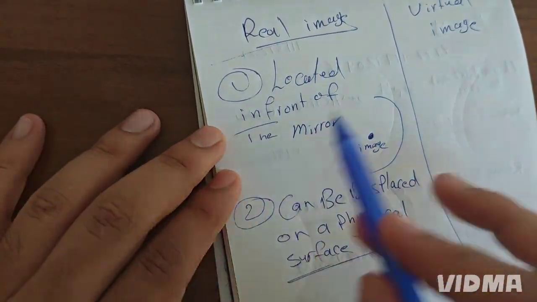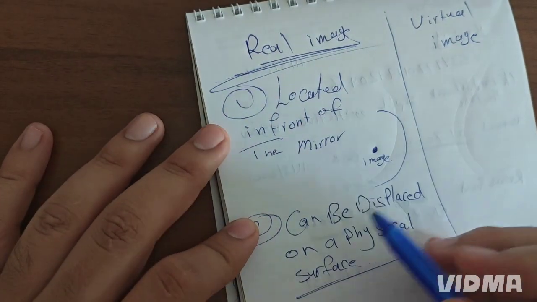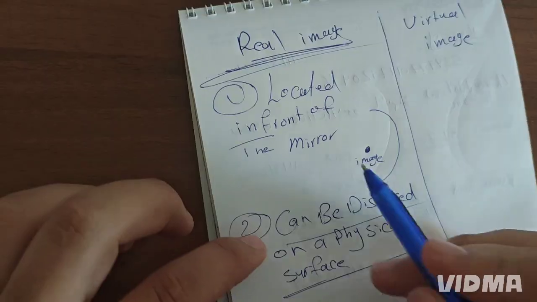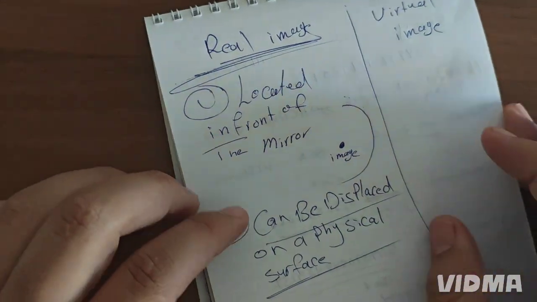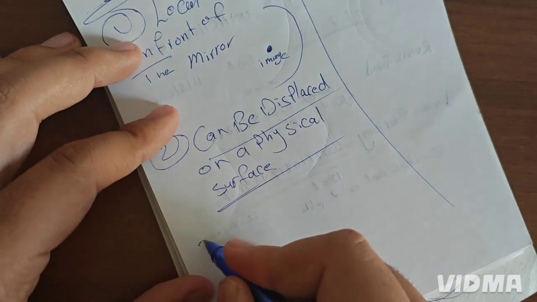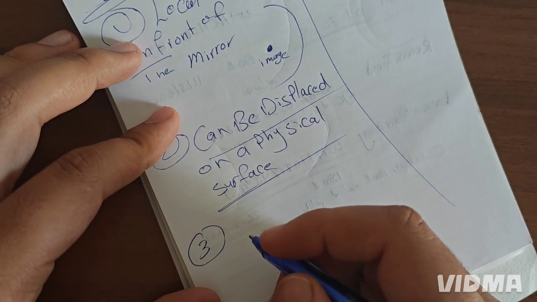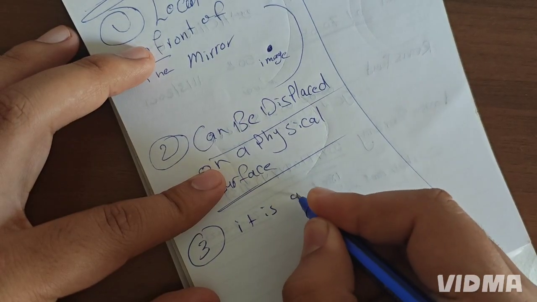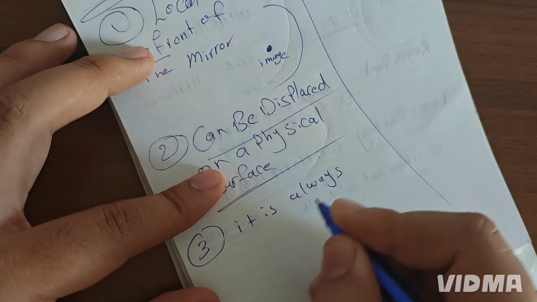But in here, since the image is a real image, it means it can be displayed. Meaning we can see the image on the surface, not behind it. The third property: it is always inverted.